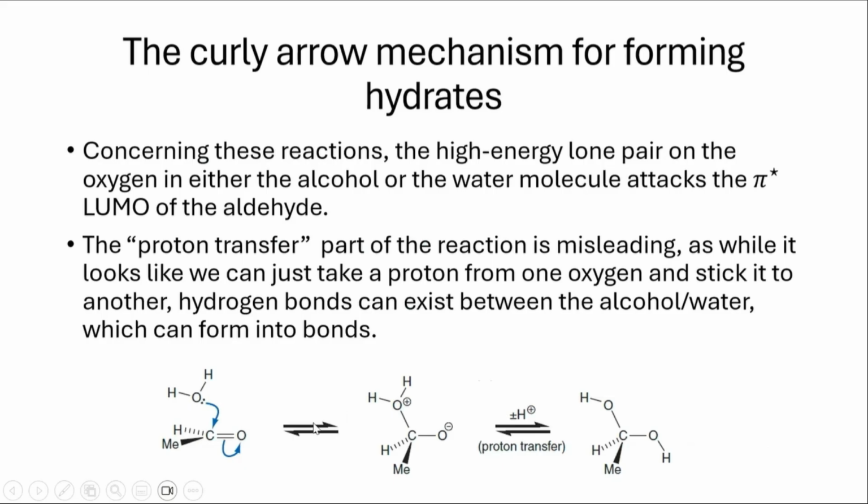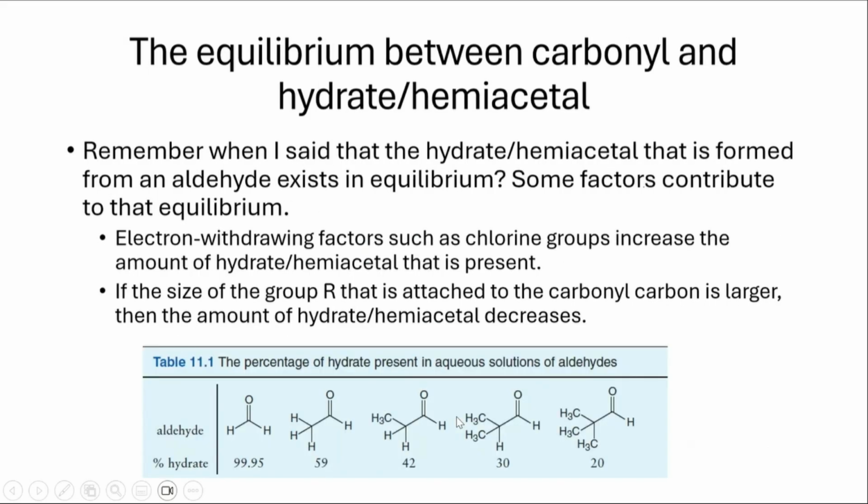Now, if you look back, you can see that we have these equilibrium harpoon arrows. We need to focus on the equilibrium, because some aldehydes will form more hydrate than other aldehydes. There are two factors.